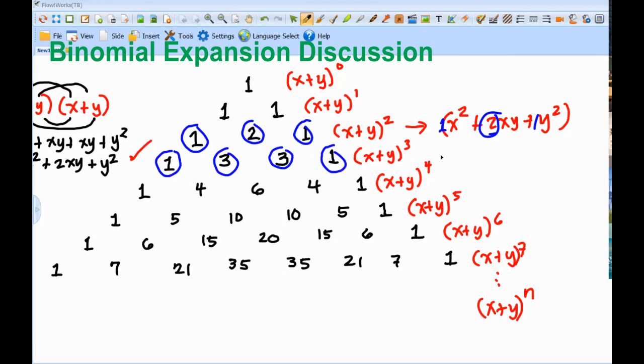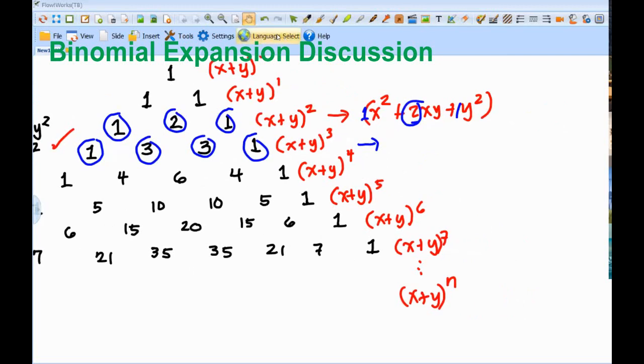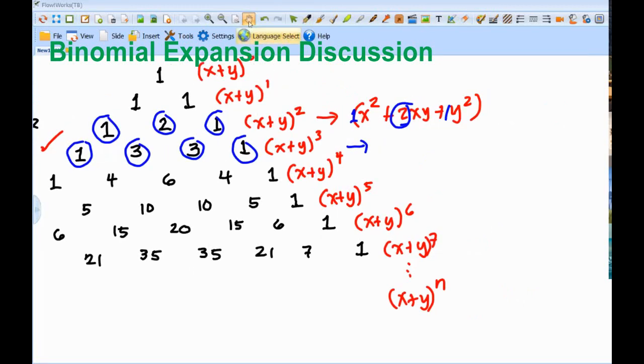So let us try how to do that without multiplication. Look at the highest power of expanding. Look at the power of 3. You will start with 3, all right? So x cubed. After that, x squared. After x squared is x, all right?